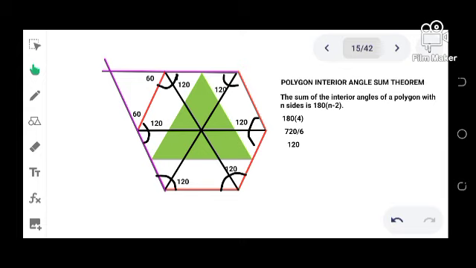Now, it is obvious that the remaining angle of this triangle is 60 since the sum of the angles of a triangle is 180. Since this triangle has equal angles, it is an equilateral triangle. So that means the sides of this triangle are equal.